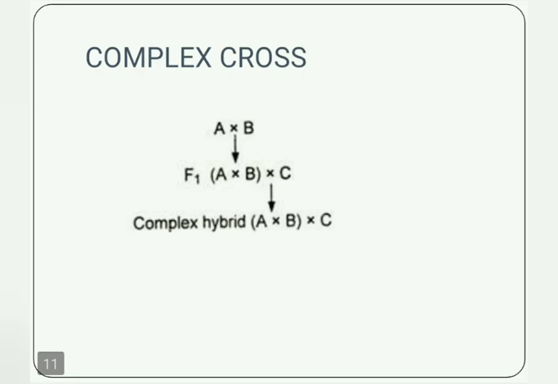It's also called a convergent cross because this program aims at bringing together genes present in different parents into a single hybrid. So complex crosses are also called convergent crosses.